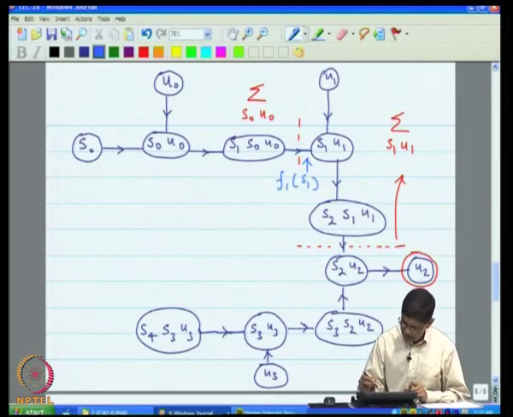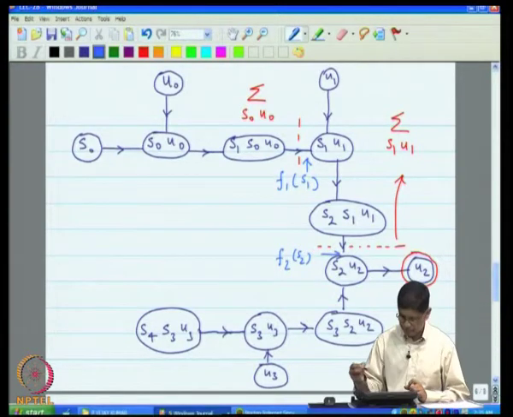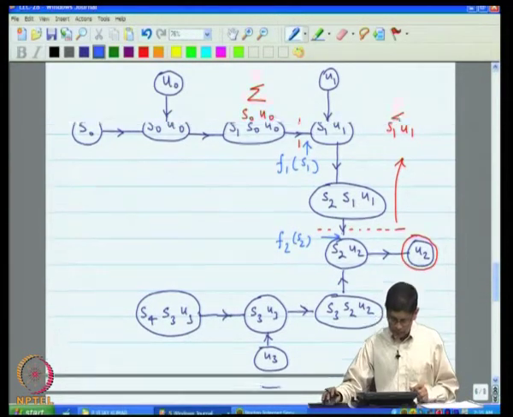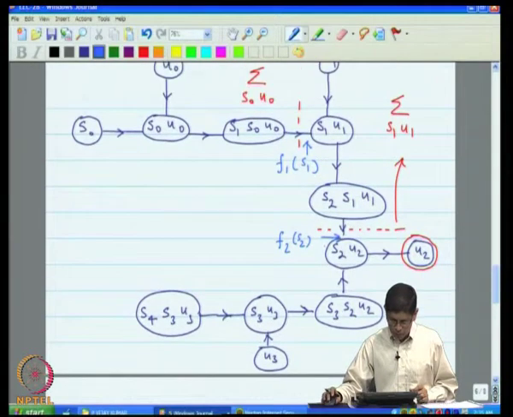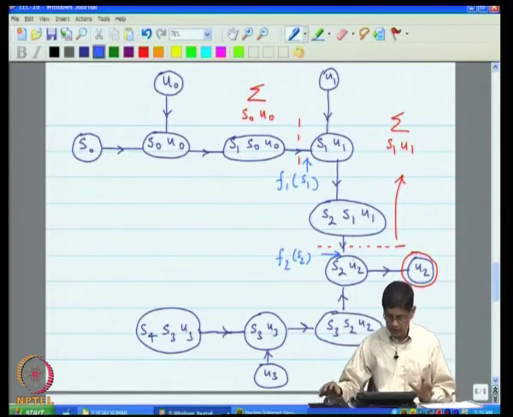and analogously there is a message that is passed here, which is F2 of S2, and that is taking place here. All right. Now in this particular case we are interested in the single vertex version of the GDL, that is, we want to decode U2.